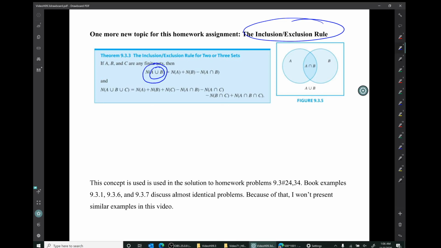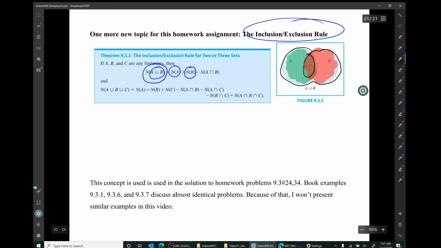That's not going to be just the number of elements in A plus the number of elements in B, because if you think about it, if A is this region on the left and I color it green, and B is the region on the right and I color it red, if I count the number of elements in A and the number of elements in B, then I've counted this collection of elements twice.